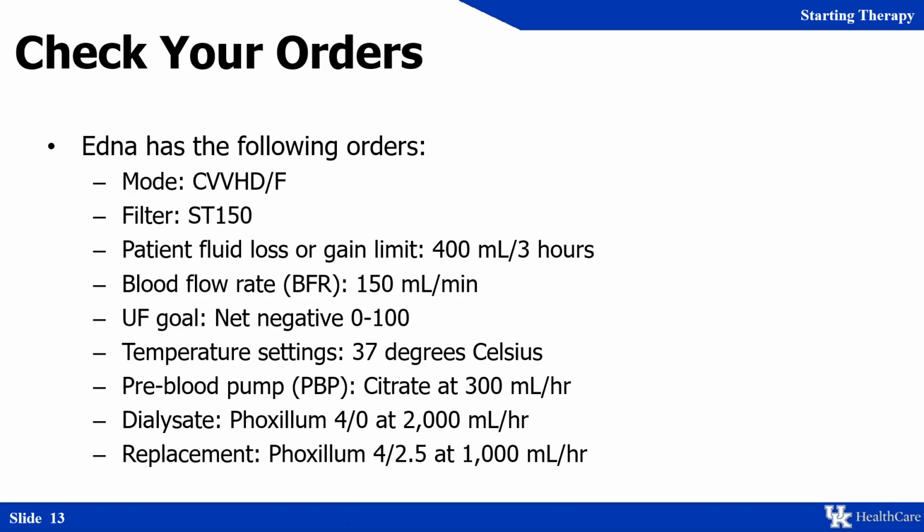Now this is often confused with our ultrafiltrate goal, but this is an entirely different concept. The patient fluid loss or gain limit is basically the machine allowing itself to run correctly. If it detects an increase in any of its scales or a decrease by 400 milliliters in a rolling 3-hour period, it will shut off.